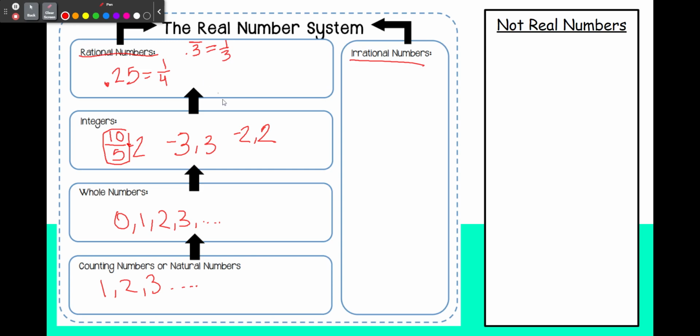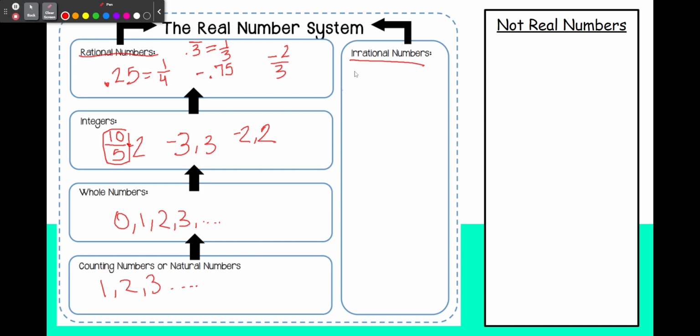If you had 0.75 or negative 0.75, that is also a rational number because, just like integers, any number that is a terminating decimal or repeating decimal can be made into a fraction and its opposite. So all of these are rational numbers, even negative 2/3.